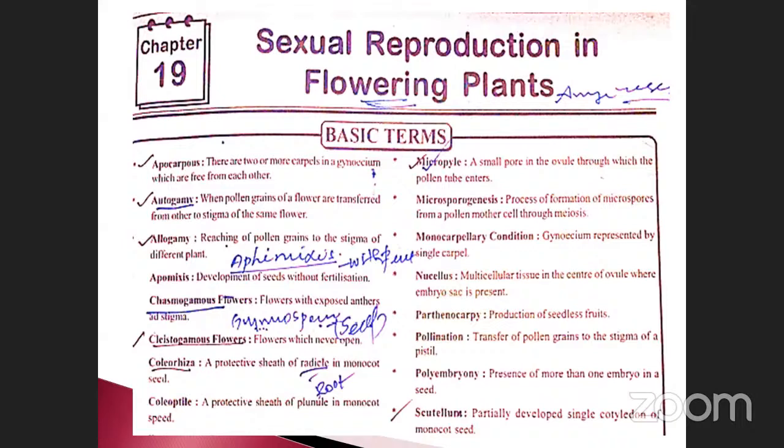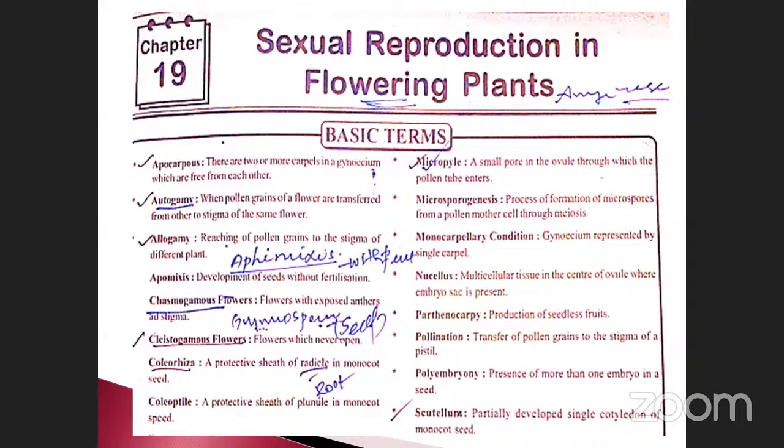Parthenogenesis is when the offspring is produced without any fusion of the gametes, like fertilization. Without fertilization, some fruit formation takes place, isn't it? That is called parthenocarpic fruits.